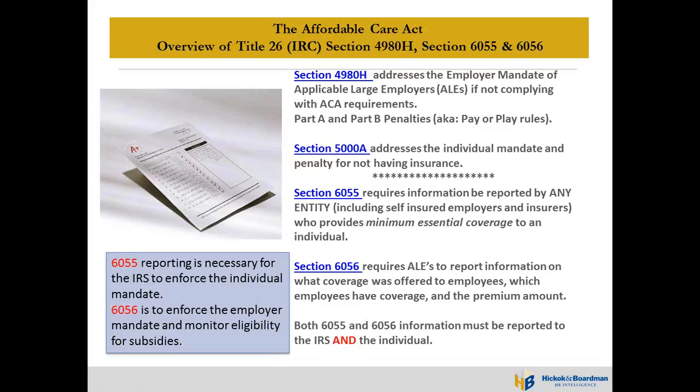If there's anybody on this call that is a small employer considered a non-ALE, and you are getting your health insurance either directly through the carrier or through the Vermont Health Connect, then you would not be required to do this reporting, because you would be fully insured through the exchange. Let me just make that very clear, because we have had some questions on that in the past. All right, let's move on.